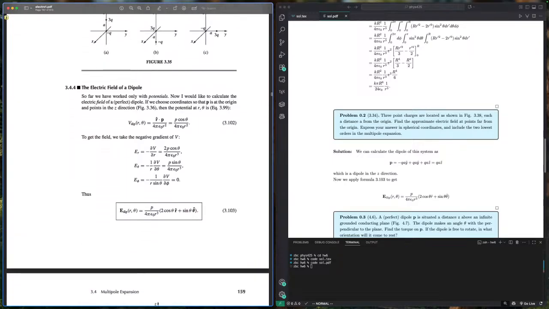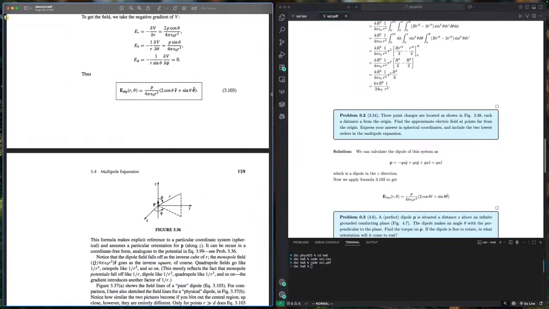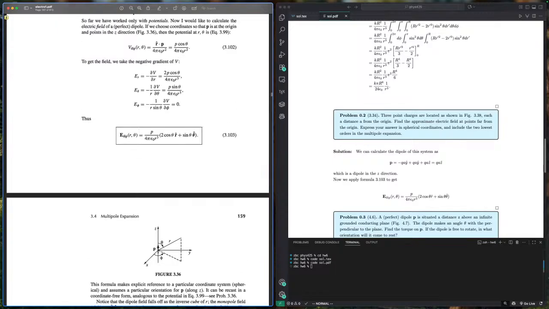Oh, okay, so this was the dipole field. And so we also want to consider the monopole field. Right, but the monopole field is just negative q. Yeah.